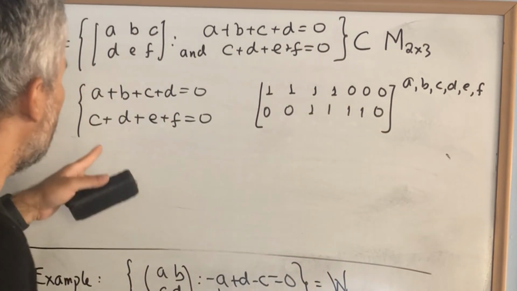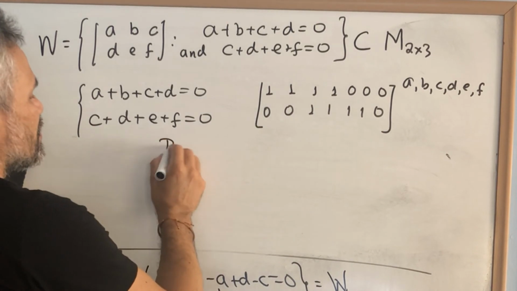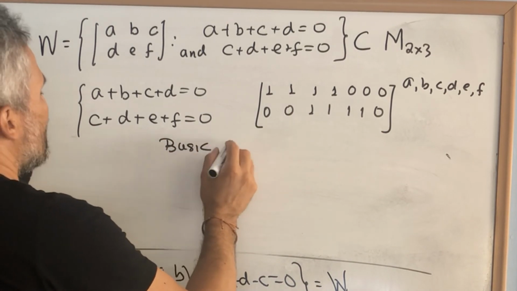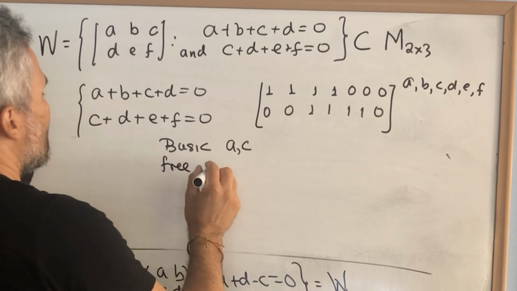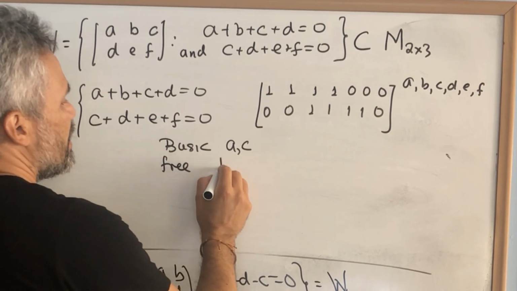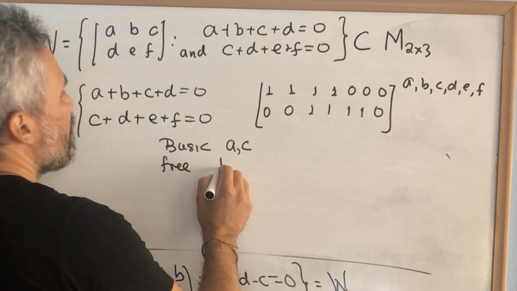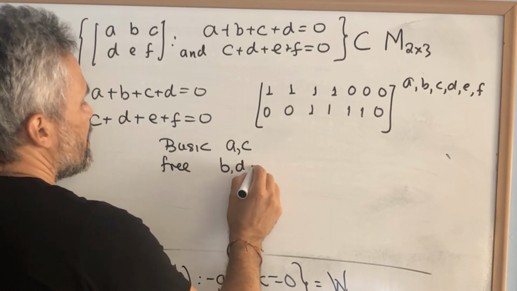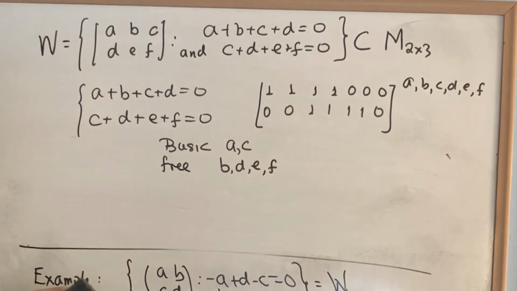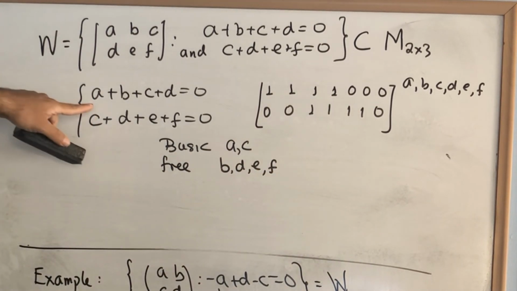That means that the basic variables are A and C, and the free variables are B, D, E, and F.